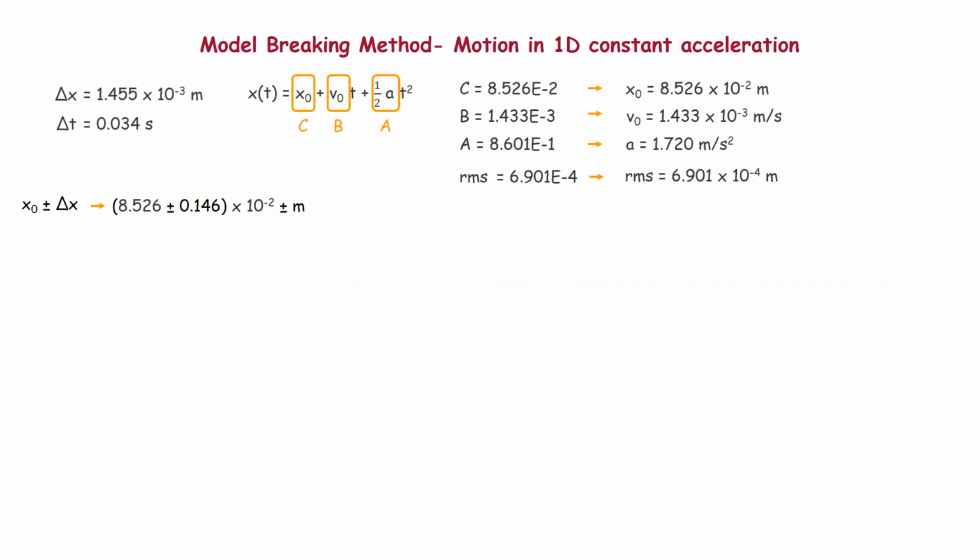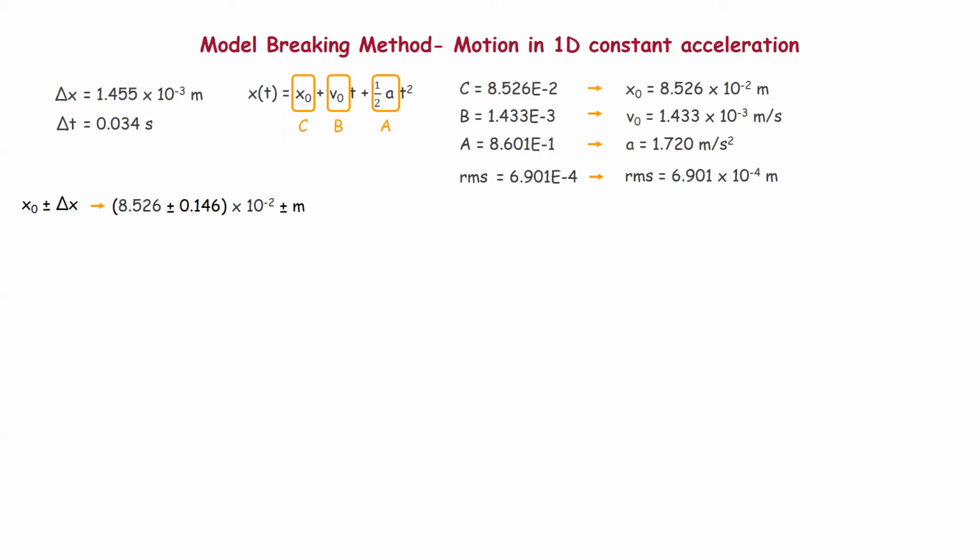Well, how are we going to use this number to justify the success of our model with these parameter values? The success of our model is to be determined by just looking at this root mean square value and comparing it to the measurement error made on x, the position measurement value, which is delta x, 1.455 times 10 to the minus 3 meters.